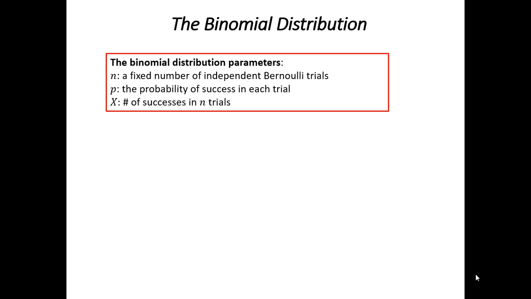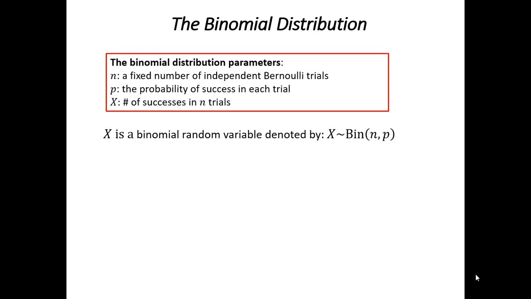It could be heads or tails, male, female, but these are all examples of Bernoulli trials. So n is the number of trials. P is the probability of a success on each trial. That stays constant from trial to trial. And we use x as our random variable. X is the number of successes in n trials.